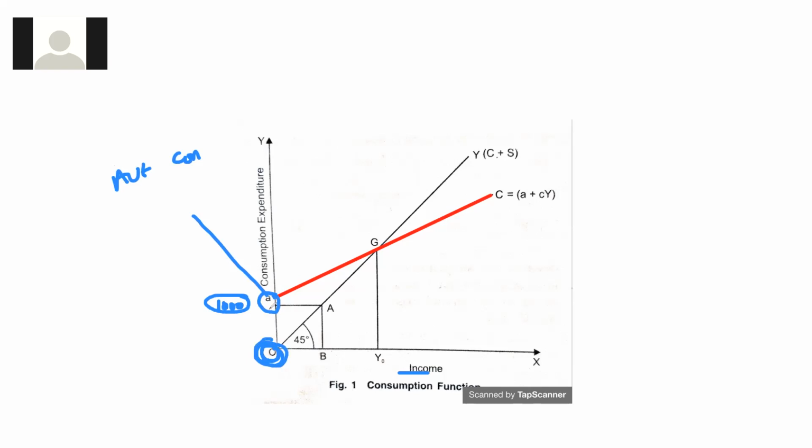When your income is 0, the whole country consumes at 0 level of income. How are you consuming? You will use your past savings. Just like that, the economy also consumes at 0 level of income. So consumption at 0 level of income is basically called autonomous consumption, my dear students.